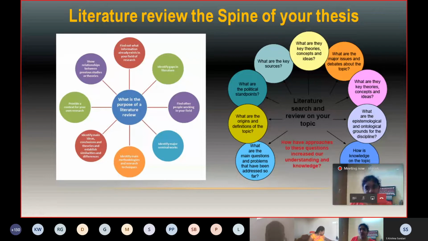You need to know what is happening in your field, who is working in the field, what the latest advancements are, and what results can be useful to take you from point A to point B in your work. So this infographic shows you why you have to do your literature review, how you have to do it, and what its purpose is.